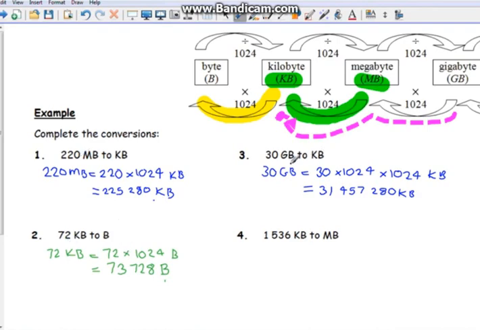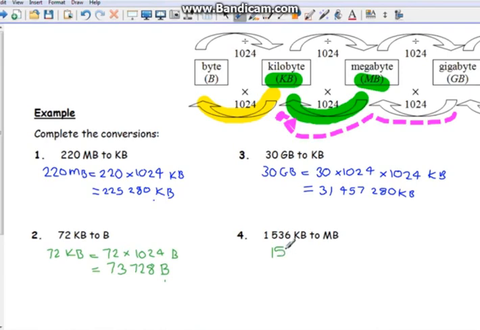A kilobyte is smaller than a gigabyte. But here a kilobyte is smaller than a megabyte. A megabyte is larger than a kilobyte, so we're going to divide. If you get confused, you can always just follow those arrows. However, you will need to remember it at some stage, whether you are dividing or multiplying, because you won't be supplied with these arrows in any exams.